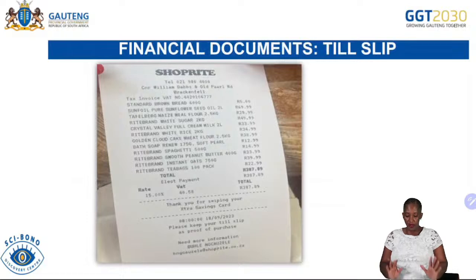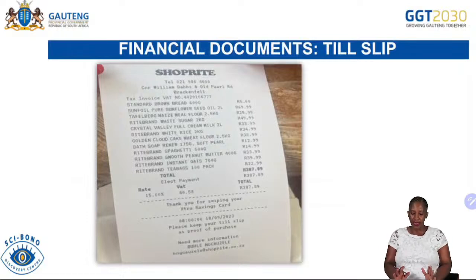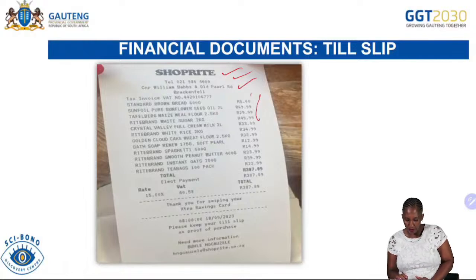Now, this slide is an example of a till slip. On a till slip, what can you expect to find? The name of the store, their telephone number, their contact details, the address of the store, the goods that you have purchased, and then the total of the goods.